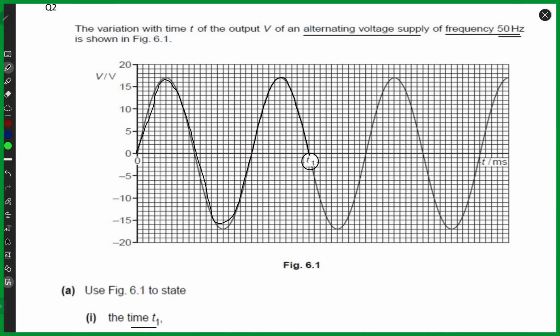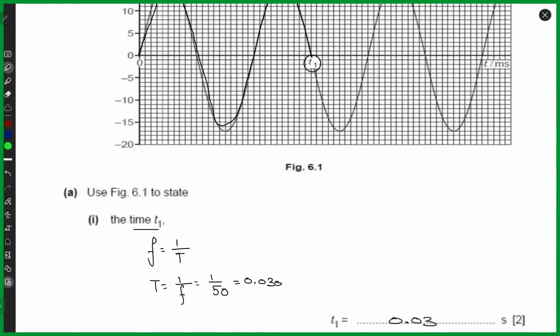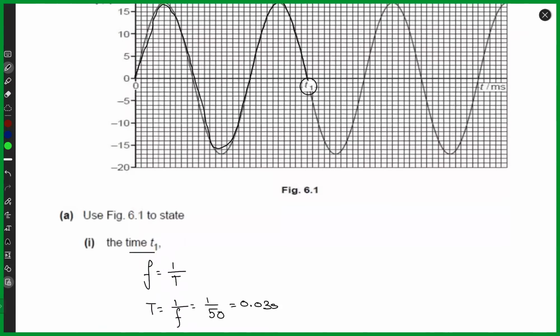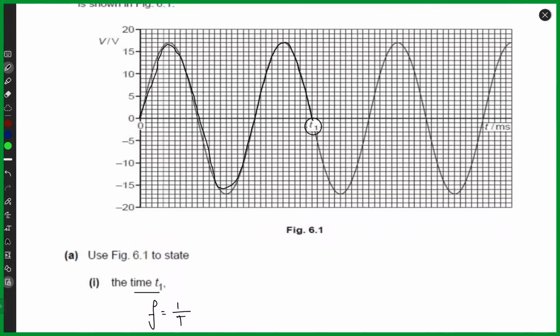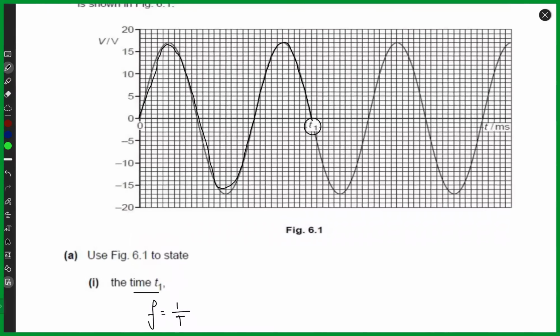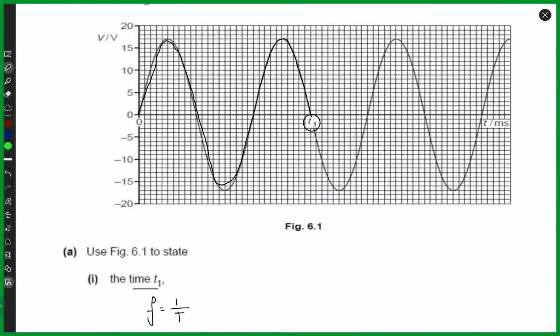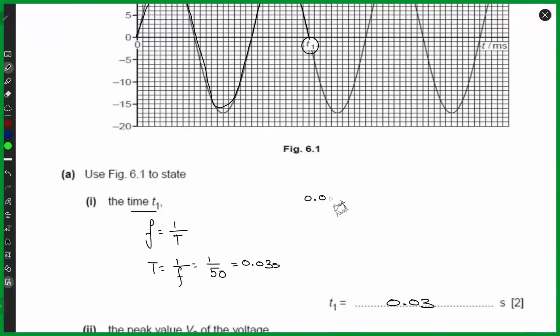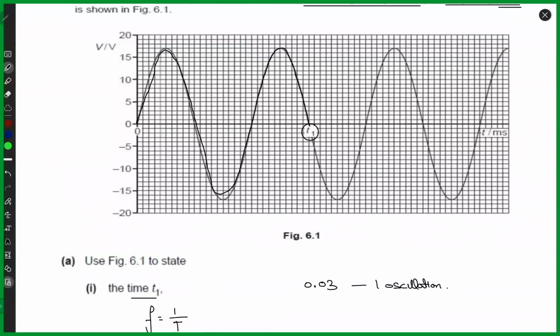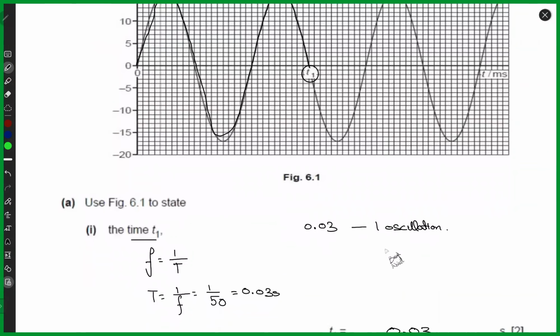So the time period is the time taken for one complete oscillation, so this 0.03 is just for one complete oscillation. But in our case, we have 1.5 oscillations.